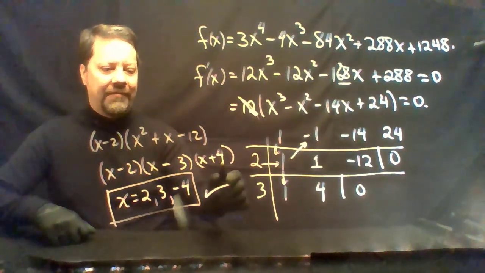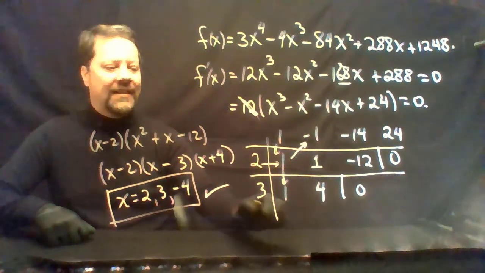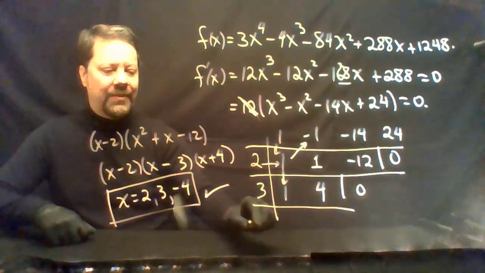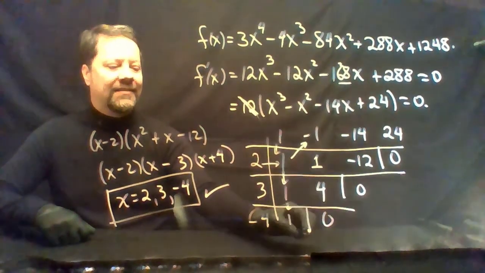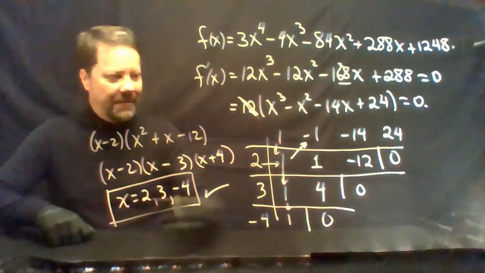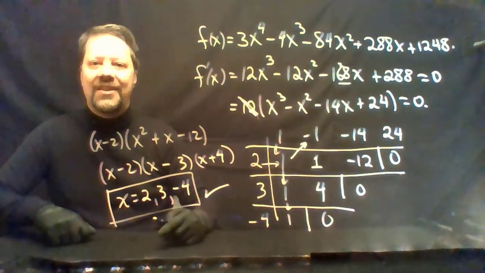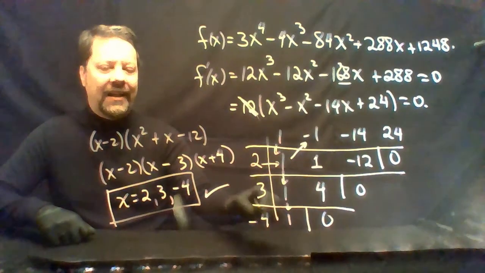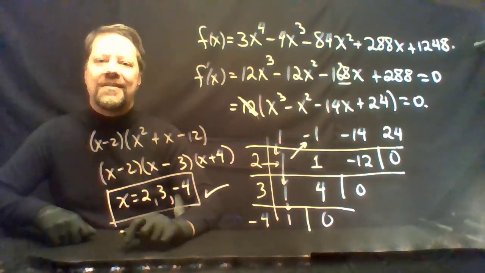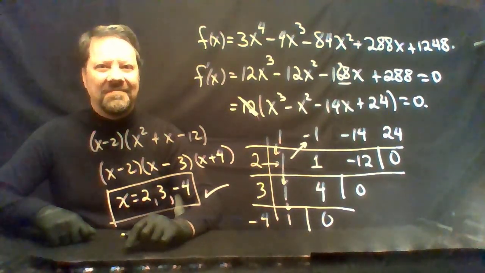We're left with this factor of x plus 4 now. And if we really wanted to, we could try out a negative 4, bring the 1 down, multiply and add. And that gives you this completely done using synthetic division. 2 positives, 1 negative, just as Descartes' rule implied.